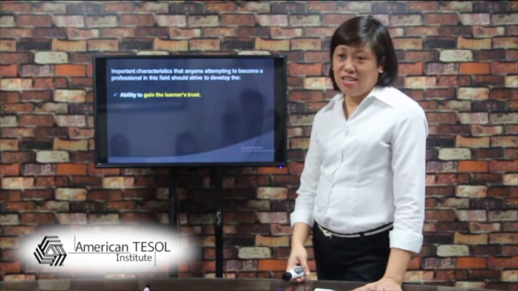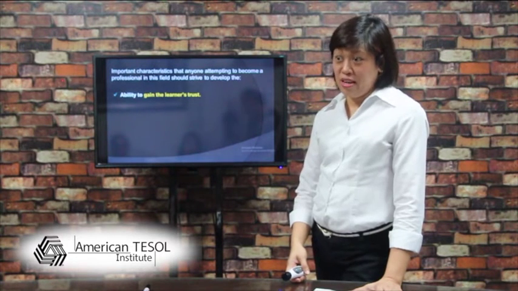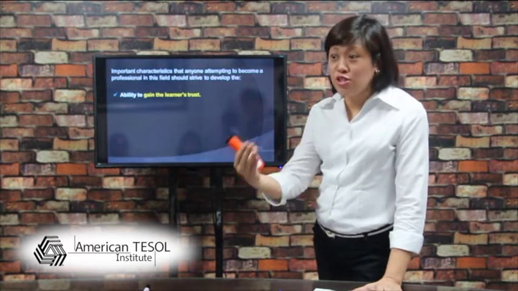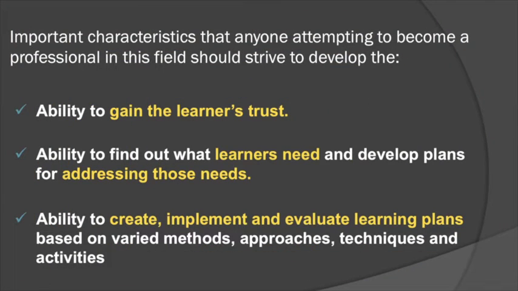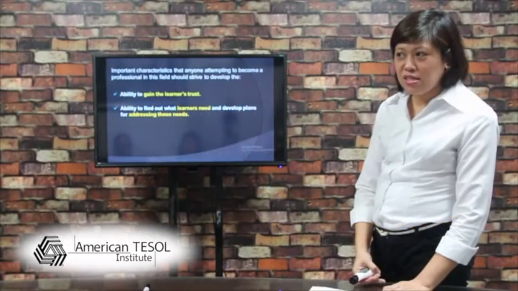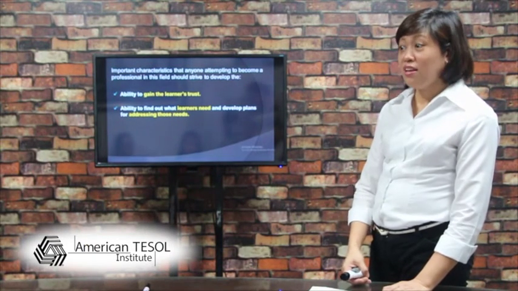So trust is the most important thing to be built first before you teach them. Okay, gain their trust. Next, we should also develop the ability to find out what learners need and develop plans for addressing those needs. So how are we going to know the needs of our students? What should be done? Through an assessment. Okay.